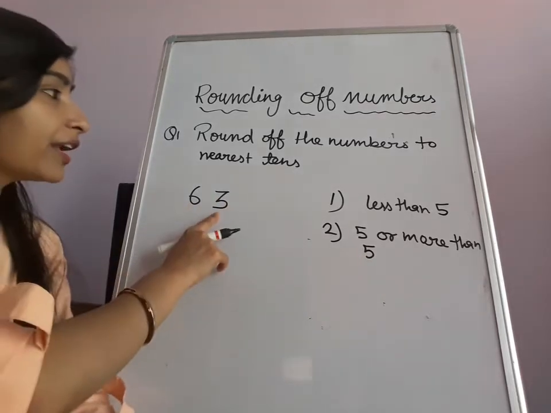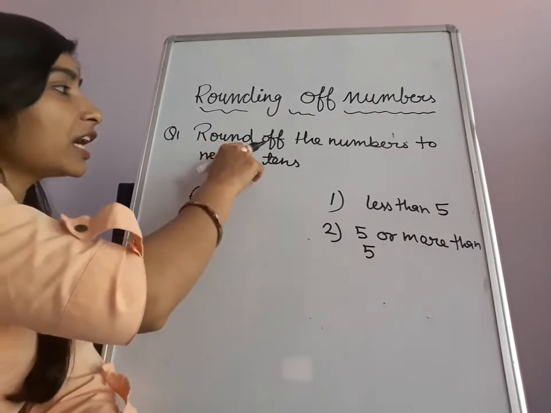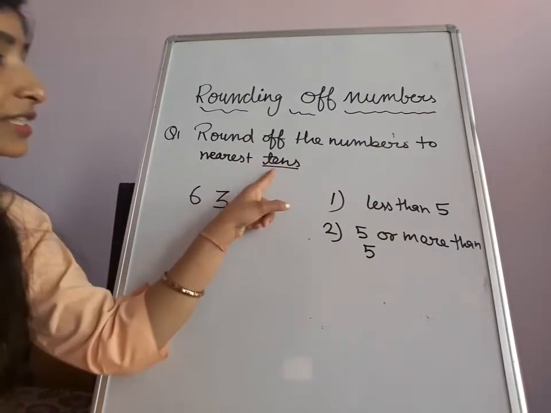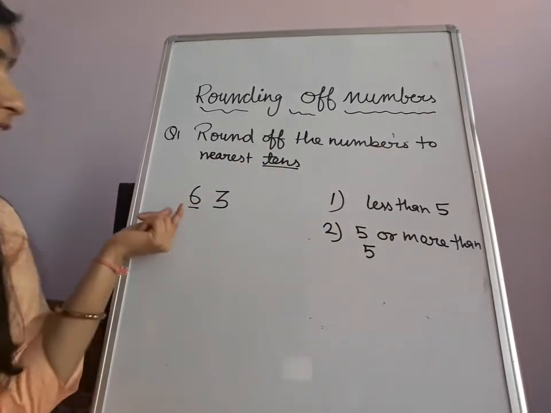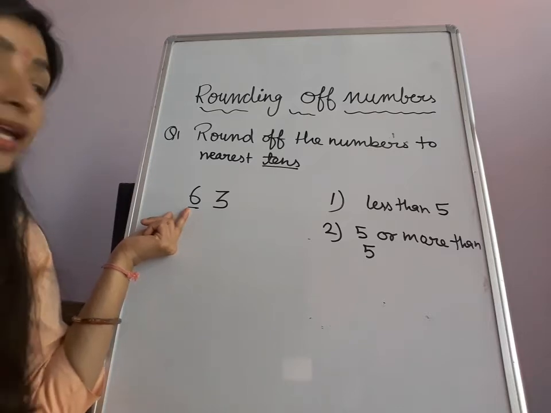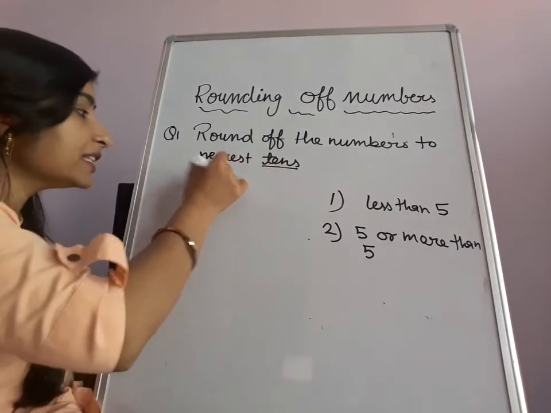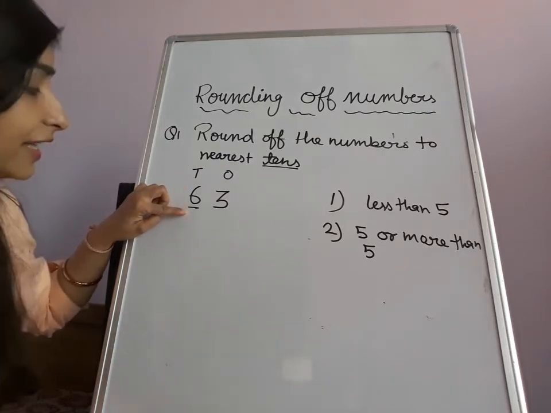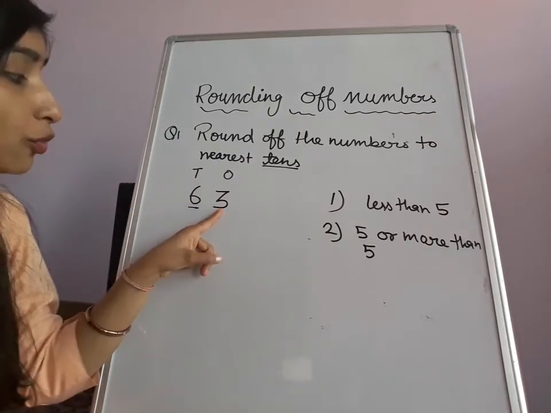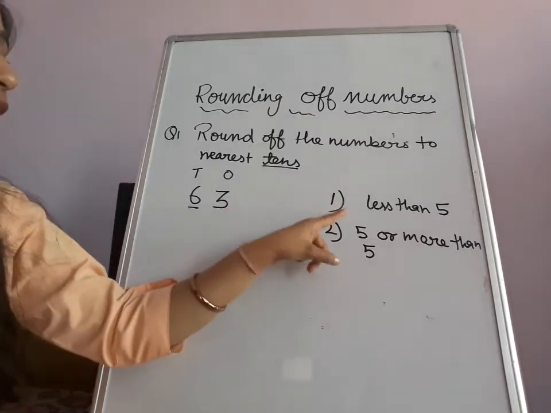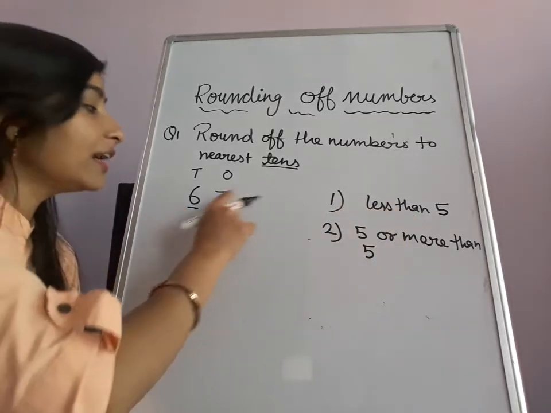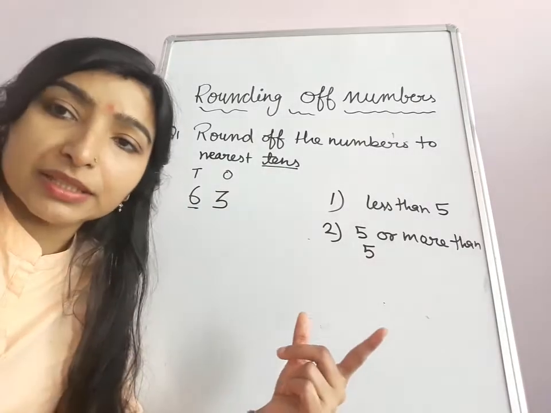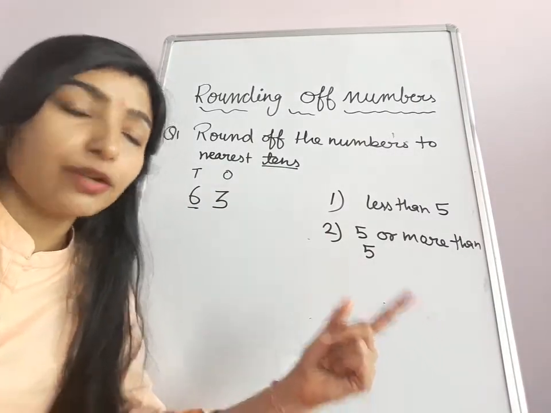Now here first you will see the condition. Round off the numbers to the nearest tens. So you will underline the tens place. You will write this is ones place and this is tens place. For tens you have to compare the ones place with 5.